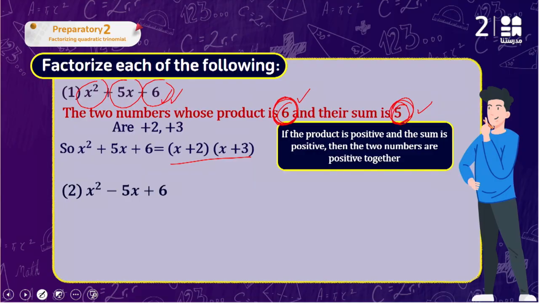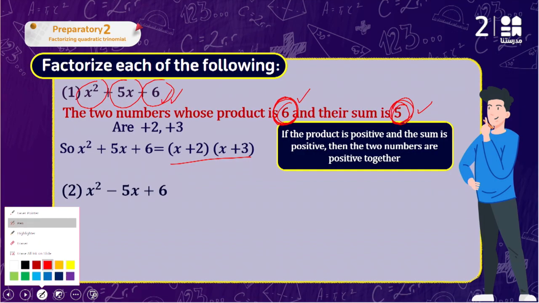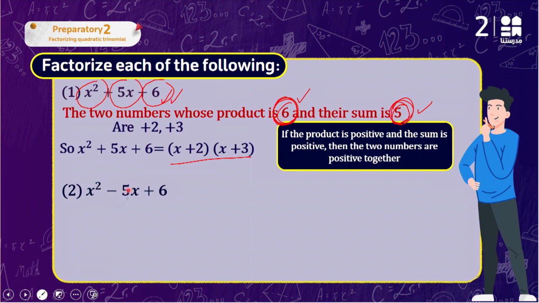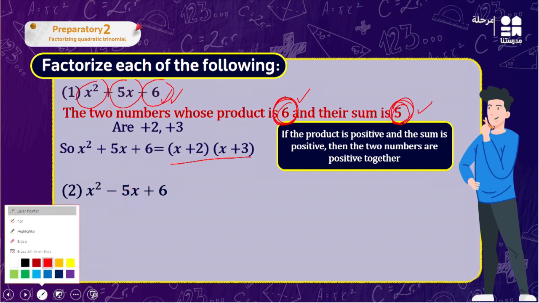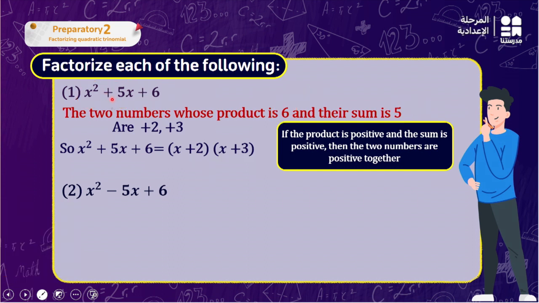The next one. Look with me here: x squared minus 5x, now minus, not plus, here it was plus, as you see. So here x squared minus 5x plus 6. How can we do this? I need two numbers. Their product is 6, again the last term is 6. Their summation is negative 5, as you see, because we look for the summation.